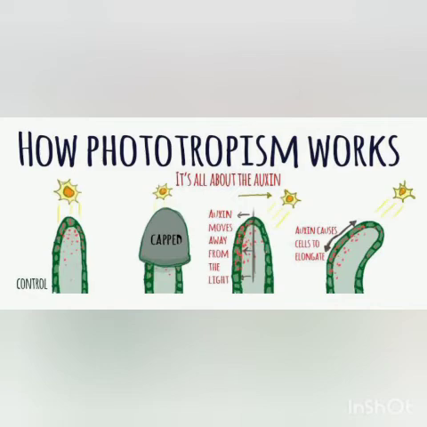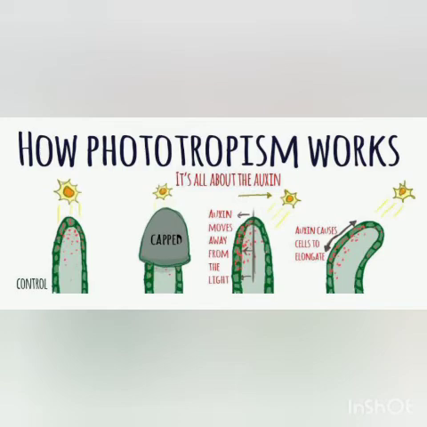But when the sunlight is falling on one side, the auxin hormones get collected in the shady side. It moves away from the light and gets collected in the shady side.